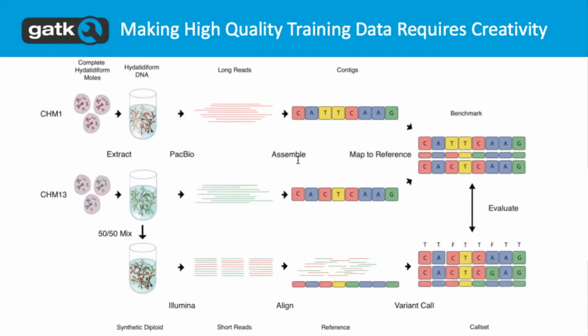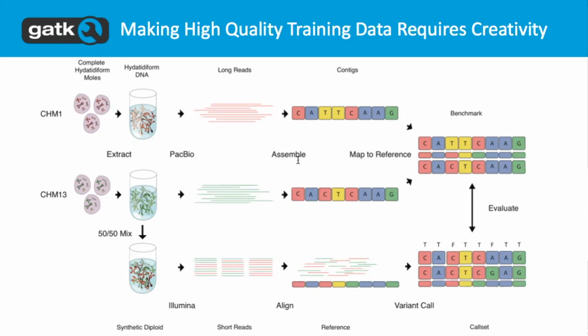Another, more clever way to make truth data that was done recently is by taking these hydatidiform moles, which are basically haploid. These are haploid human cells. And we use PacBio sequencing to sequence this haploid DNA.